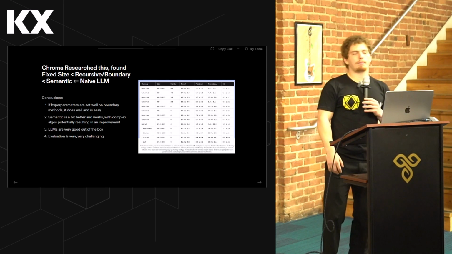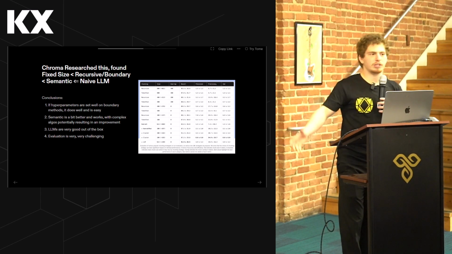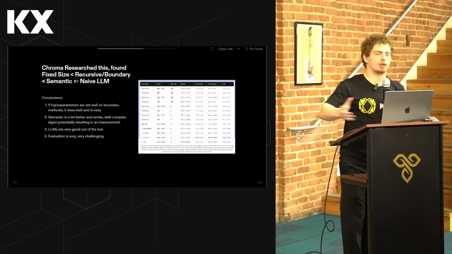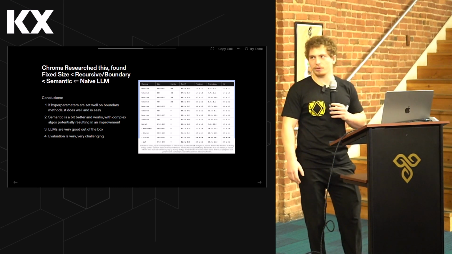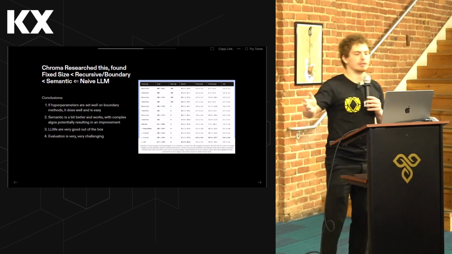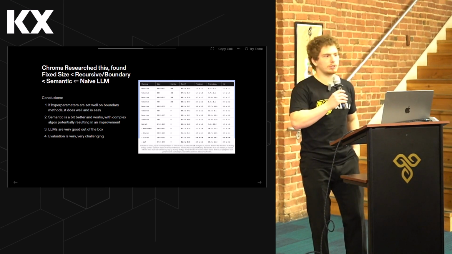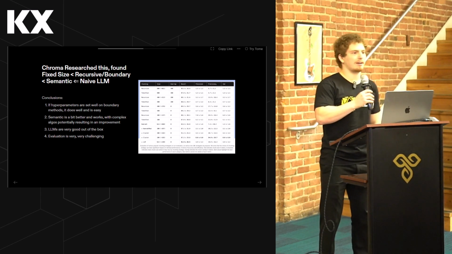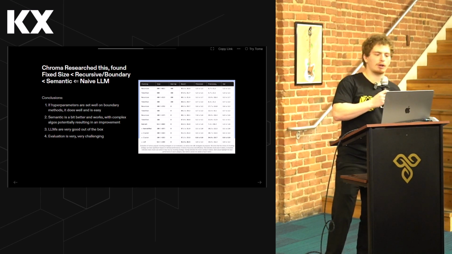Okay, so there's not a lot of chunking research. None of this presentation actually told you what's the best chunking strategy based on any kind of actual hard numbers. Well, Chroma actually did some research on this, and they did this in a very clever way. I'm not going to go into how they measured how well different chunking algorithms work.